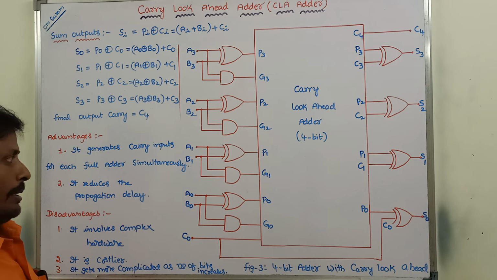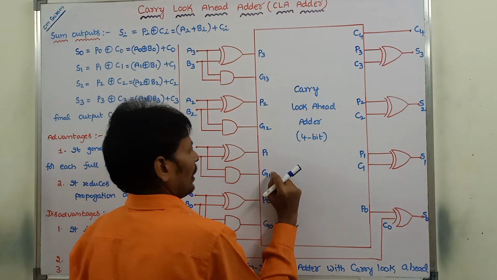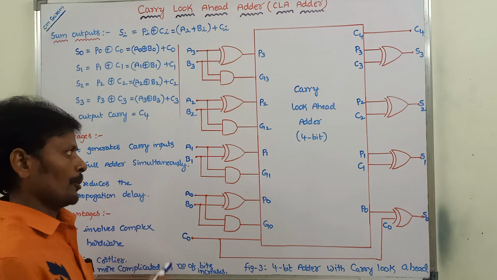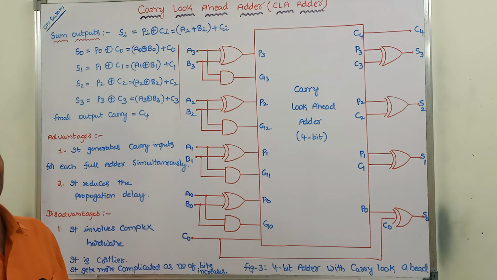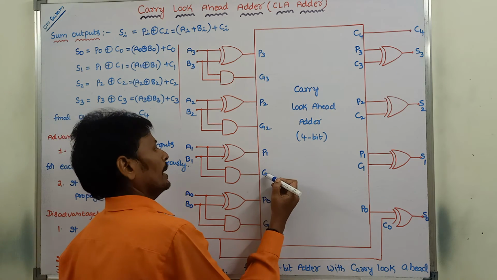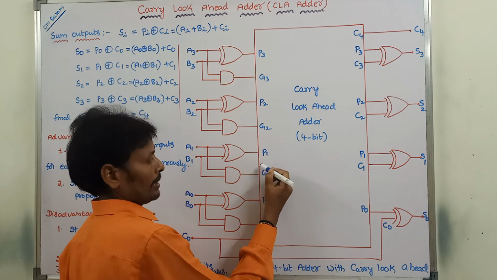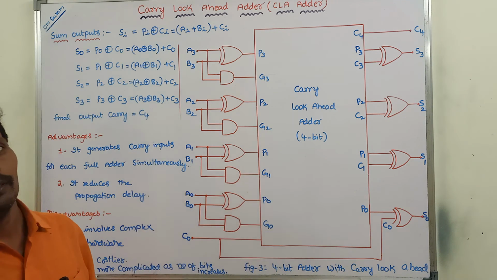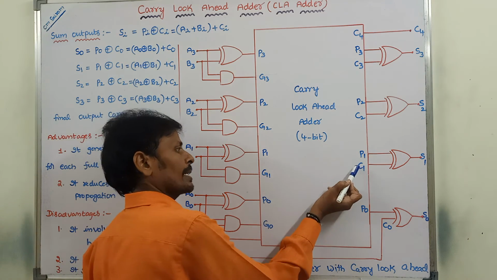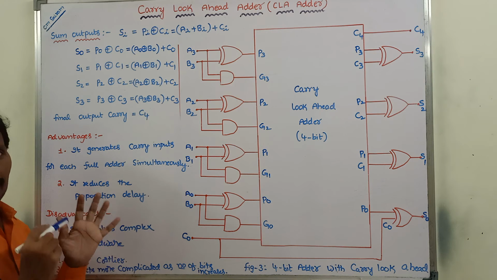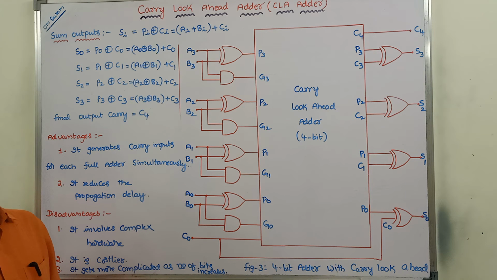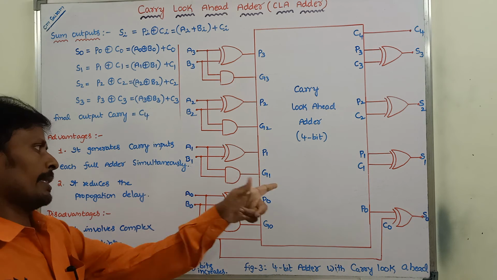Next, how to find out G1? A1, B1 inputs are applied to a two input AND gate. Then we are getting A1 into B1, that is nothing but G1. How to calculate C1? That is already calculated previously. In the same way, we have to calculate the C1 here. Next one.